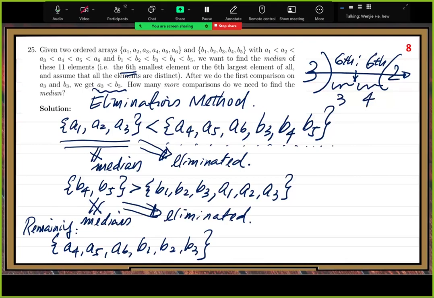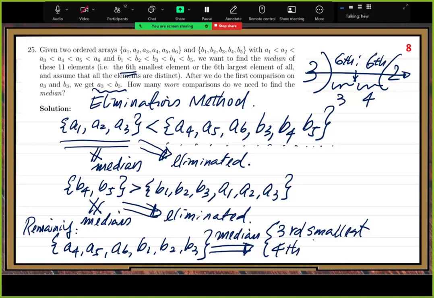So that means in this 6-element group, we need to update the median. The median should be the 3rd smallest, but the 4th largest. Okay, update. This is before we do any comparison.